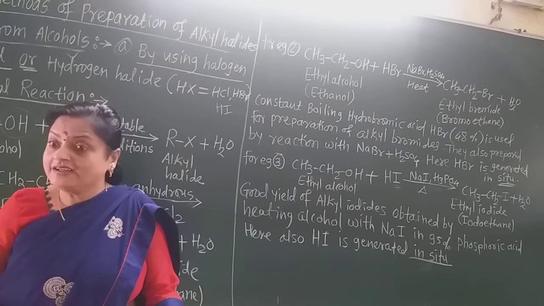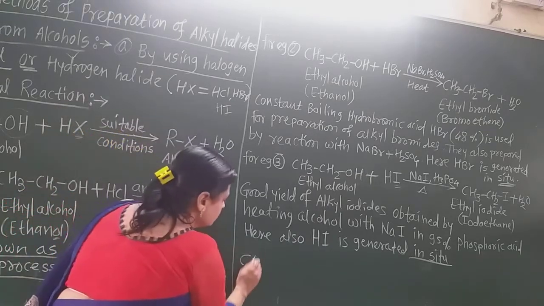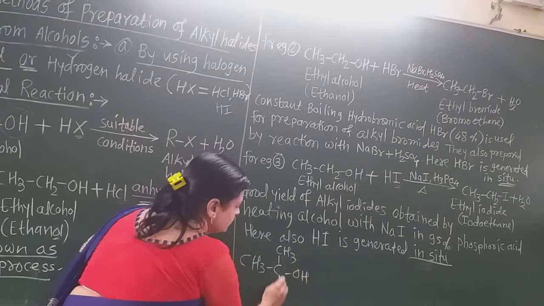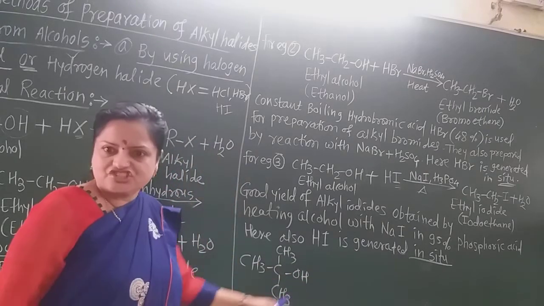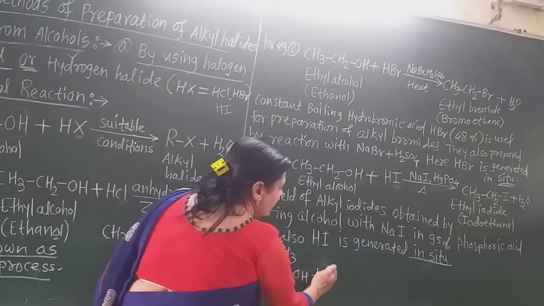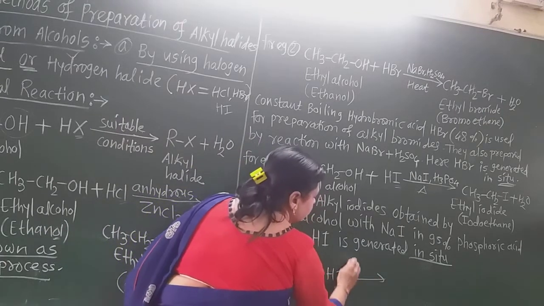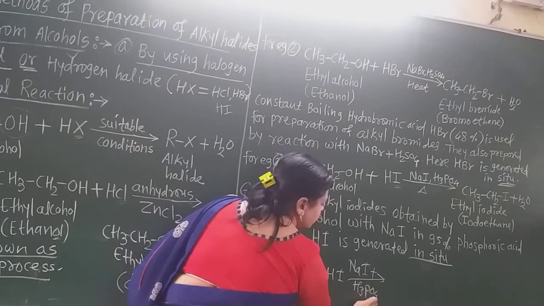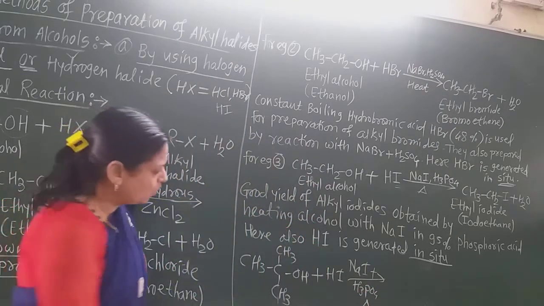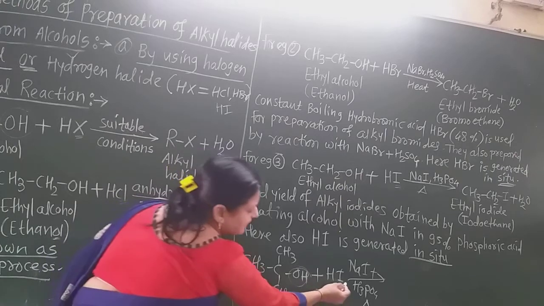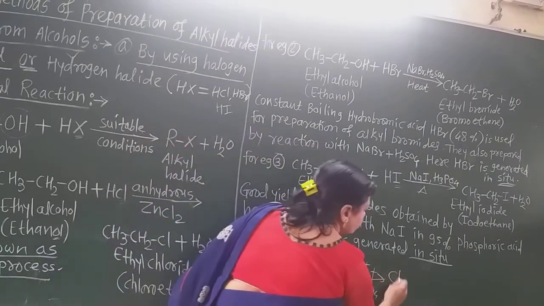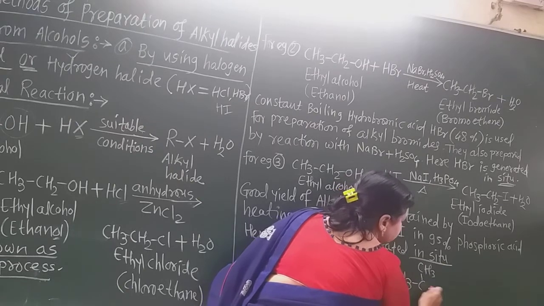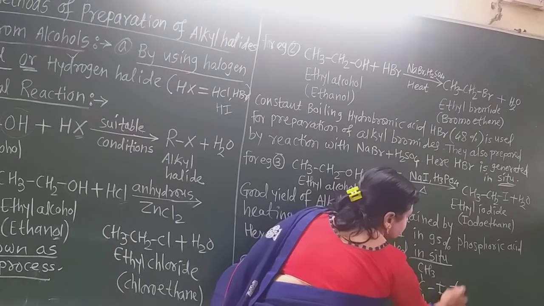Tertiary butyl iodide. Now suppose such a reaction is there, (CH3)3COH. Now you know that this is tertiary butyl alcohol, and with NaI plus H3PO4 and slight heat, what will be there? Only this OH group is replaced by the iodide ion, and there is formation of CH3, CH3, CH3, and here is the I, plus H2O.